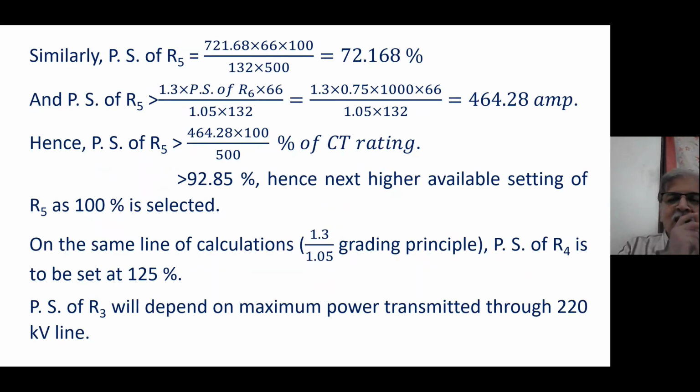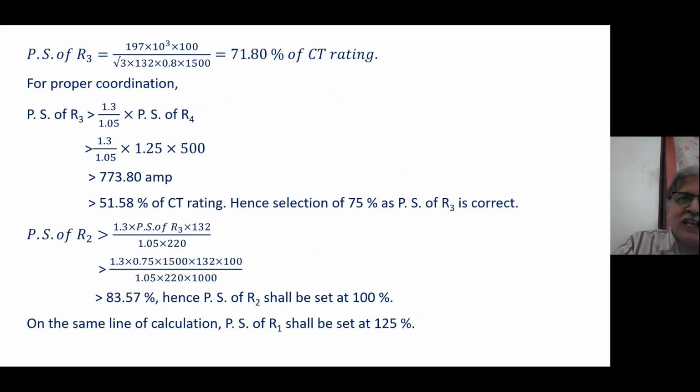So for R3, I have to consider 220 kV line, that is 197 megawatt. That takes me to 71.8%, my dear friend, 71.8%. And if I consider 1.3 divided by 1.05, that also takes me to 75%. So both ways it is correct, right?